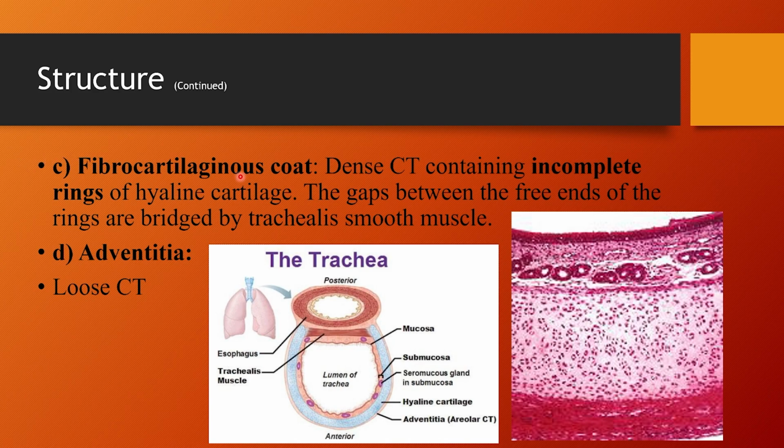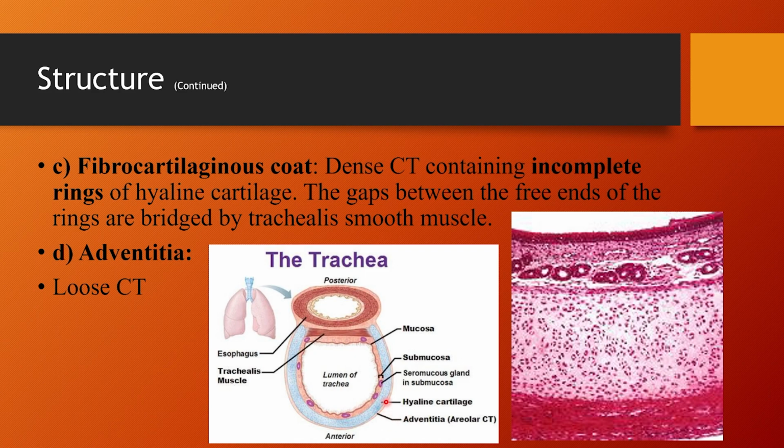The fibrocartilaginous coat is a dense connective tissue. As you can see, it's thick, containing incomplete rings of hyaline cartilage. The gaps between the free ends of the rings are bridged by tracheal smooth muscle, which is this muscle right here.